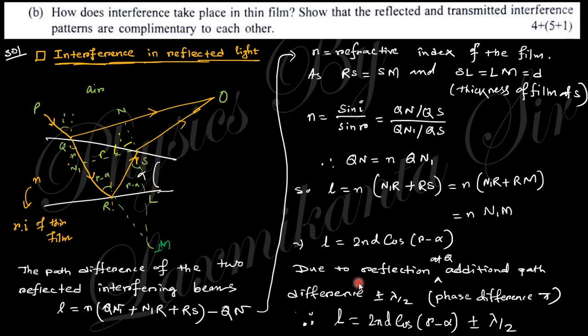Due to reflection at Q, an additional path difference of lambda by 2 happens here if you add this.